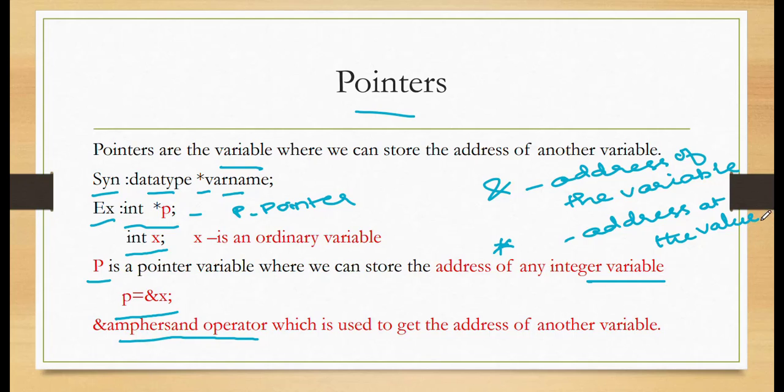So this is what we have to remember about pointers. Pointers are variables where you can store the address of another variable, and using ampersand we can get the address of an integer variable.